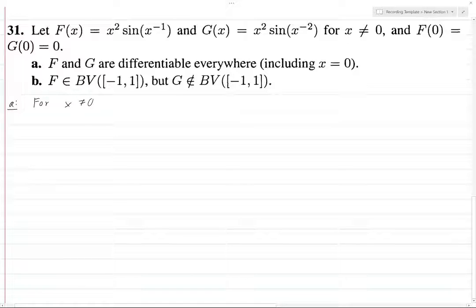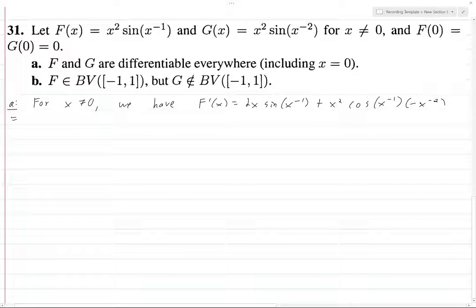So for x not equal to 0, let's actually compute what f prime of x is. We're taking the derivative of this, so we just do the product rule. Take the derivative of the thing on the left first, and then we add x squared times the derivative on the right, which by the chain rule gives cosine of x to the minus 1, multiplied by minus x to the minus 2.